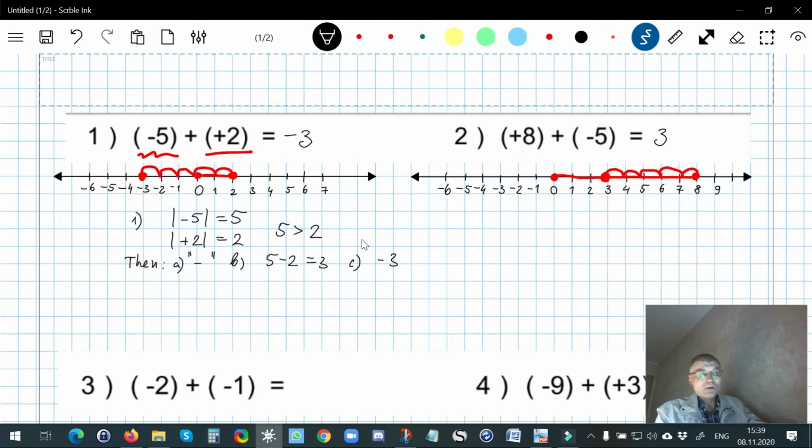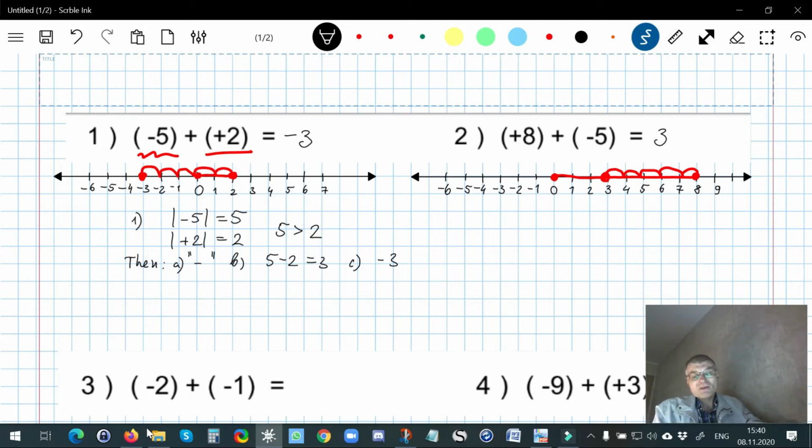In case all signs are the same, you just add and use the sign which is there. For example, look at number 3, jumping a little bit ahead. Negative 2 plus negative 1. Both signs are negative.